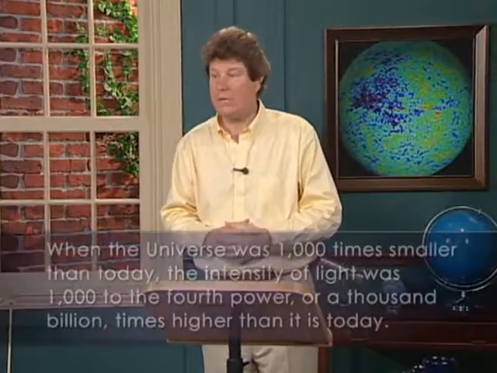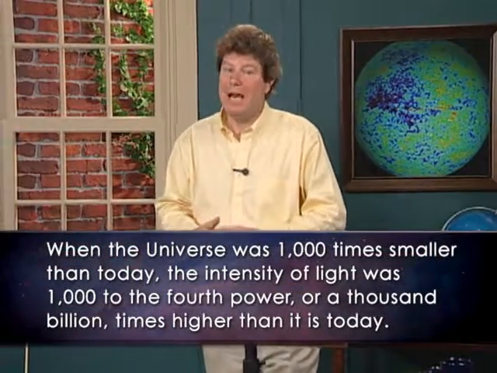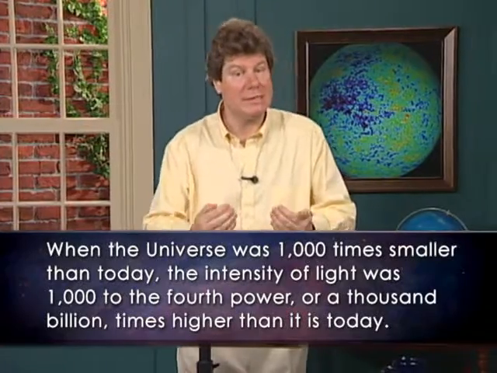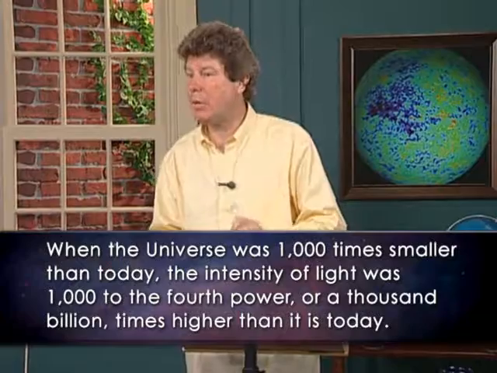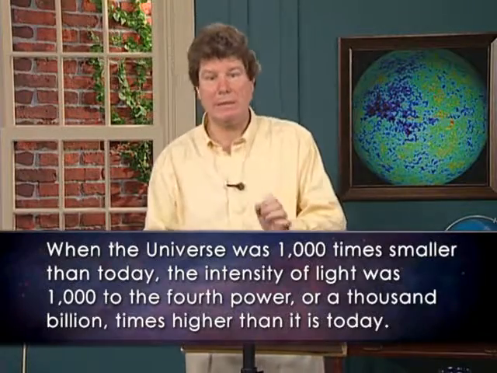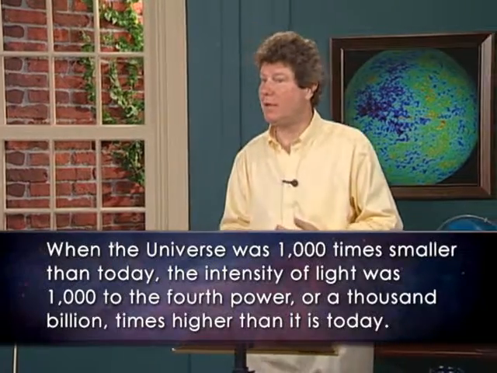So going backwards to earlier times, light's intensity increases incredibly fast. For example, when the universe was 1,000 times smaller than today, the intensity of light was 1,000 to the fourth power. That's 1,000 billion times higher than it is today. Well, if you take the microwave background and boost its intensity by 1,000 billion, that's enough to kill you instantly.